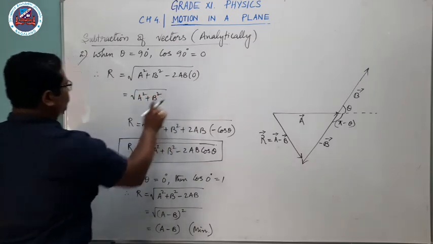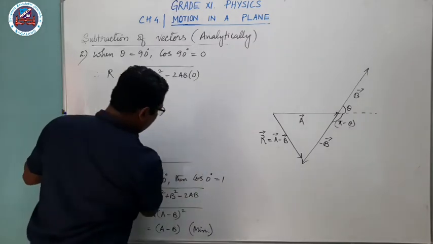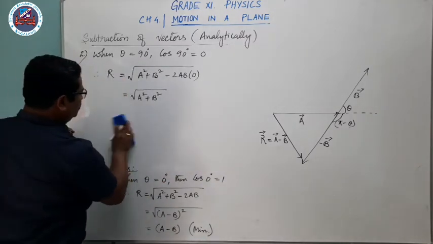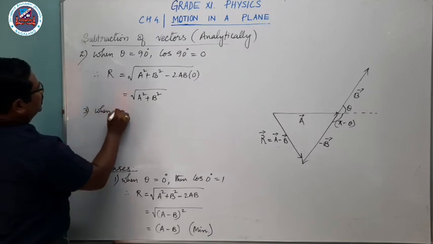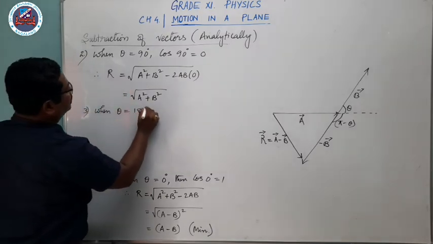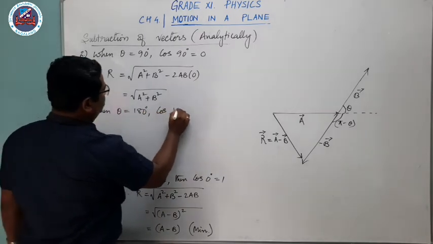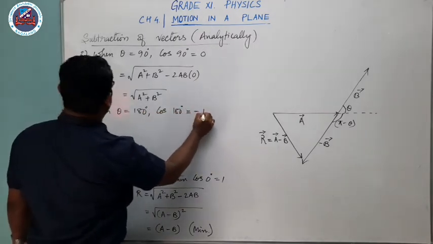And case 3: when theta is equal to 180 degree, cos 180 degree is equal to minus 1.